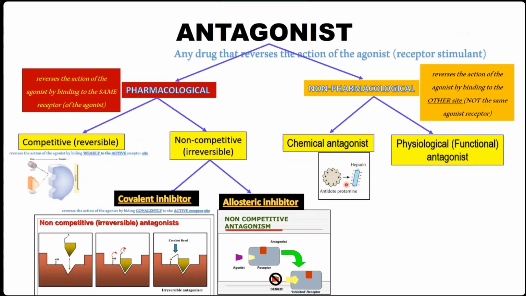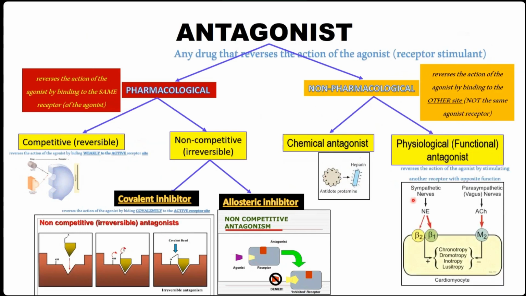The second subtype of non-pharmacological antagonist is the physiological antagonist, which also does not bind to the same receptor as that of the agonist, but it reverses the action of the agonist by stimulating another receptor with an opposite function. In other words, the physiological antagonist is another agonist that binds to a different receptor than that of the agonist. But this receptor, when stimulated, has an opposite action to the stimulation by the agonist.